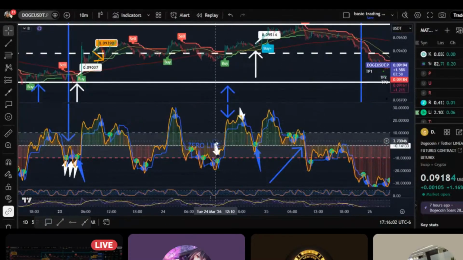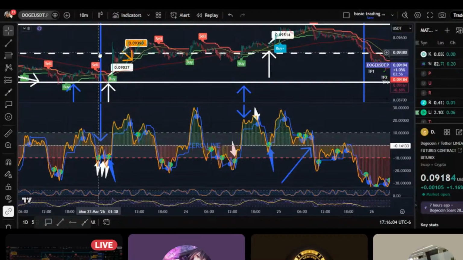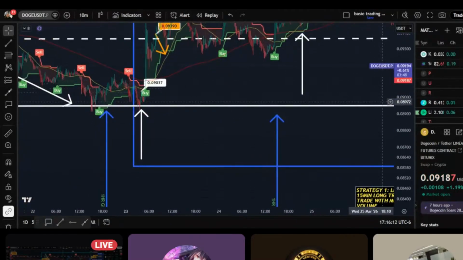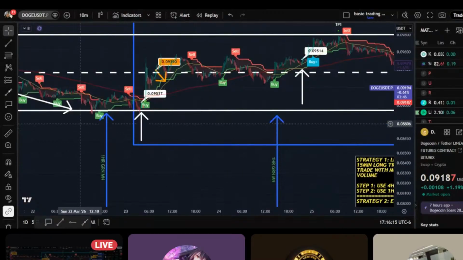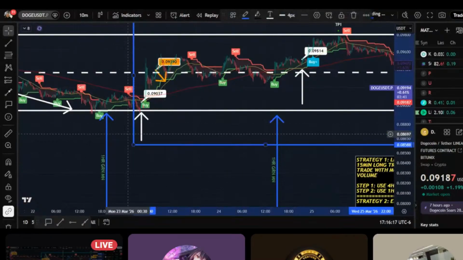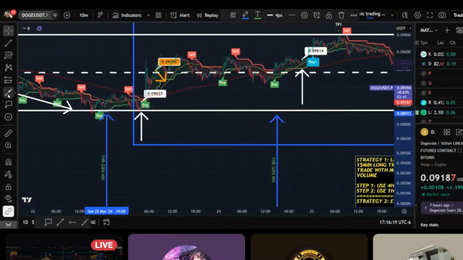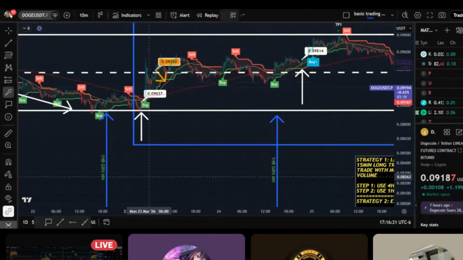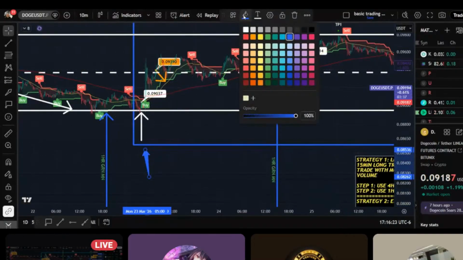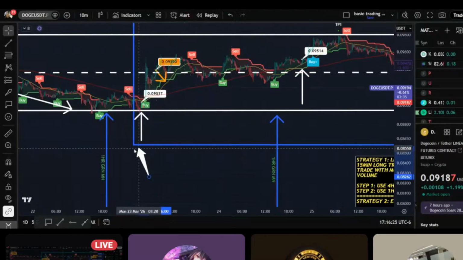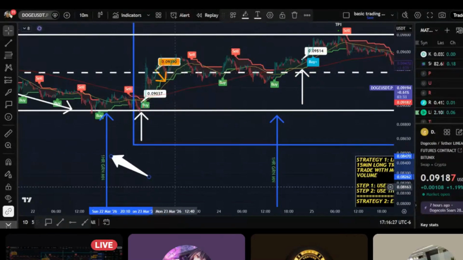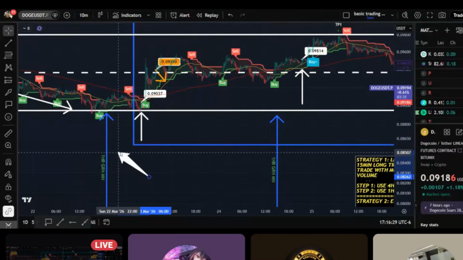Which simply means this. When you're inside of the blue buying box, which is the 4 hour, and there's a 1 hour green moon, right? So, buying box happens. 1 hour green moon, right? So let's walk through this. Buying box happens. 1 hour green moon. That allows us to go by our strategy here, which is this right here.